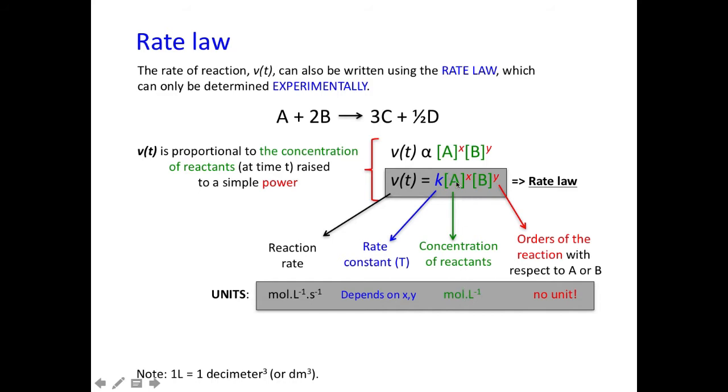If you have x equal to 2, you would have mole squared divided by liter squared. So the units of the rate constant actually depend on x and y. And x and y themselves have no unit.